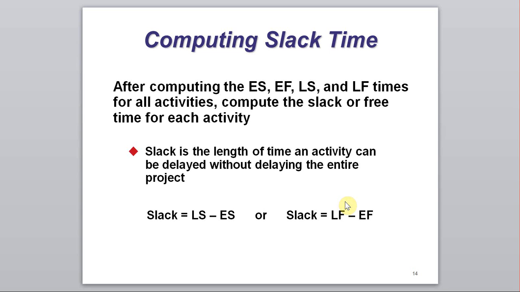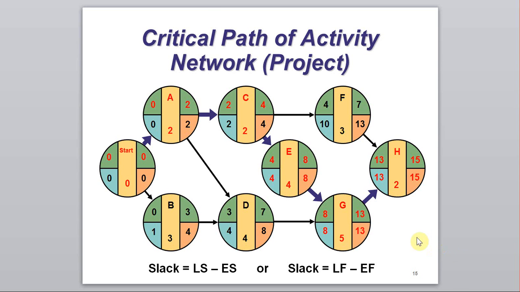The slack is the length of time an activity can be delayed without delaying the entire project. To calculate the slack, you can use the latest start time minus the early start time, or the latest finish time minus the earliest finish time, which gives the same value.